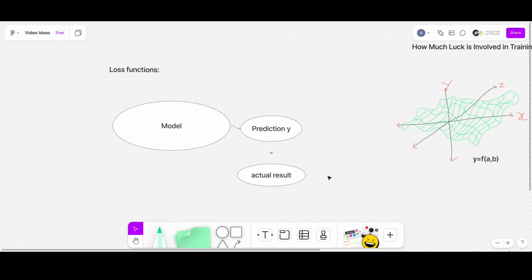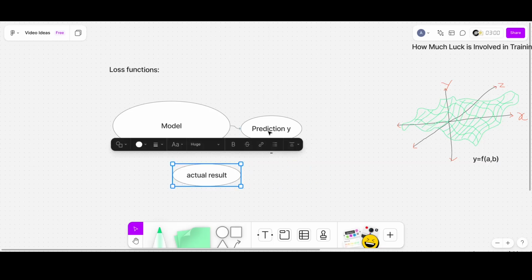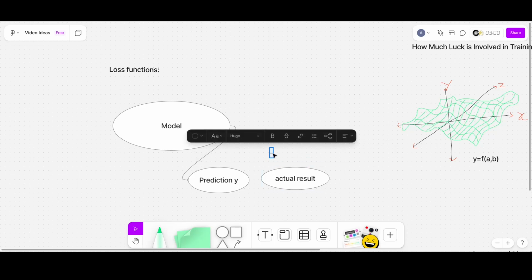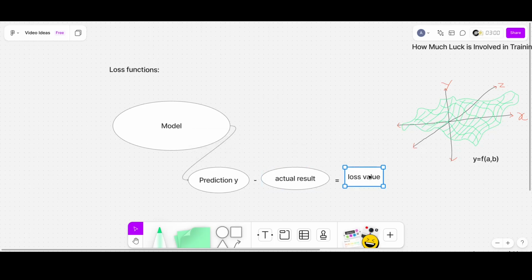Basically, it's telling the model how far off we are from the actual prediction, and the result is our loss value, which we can use for backpropagation and teaching the model how to improve itself.